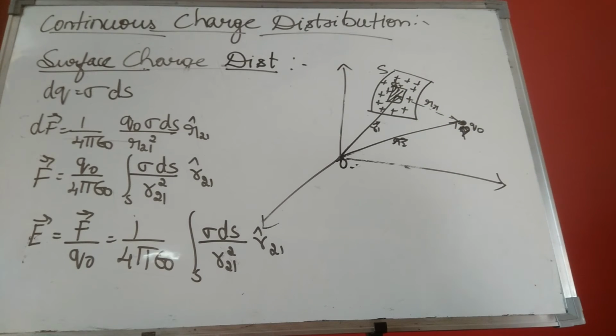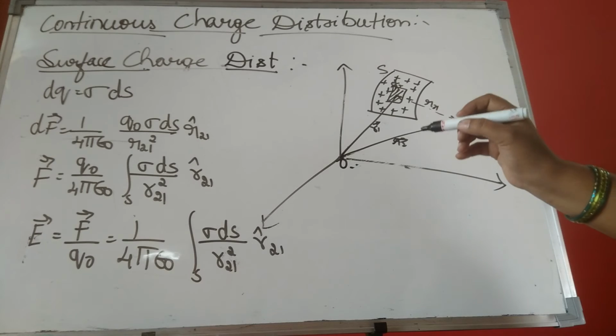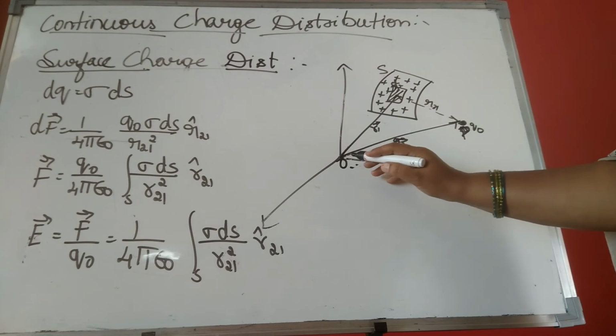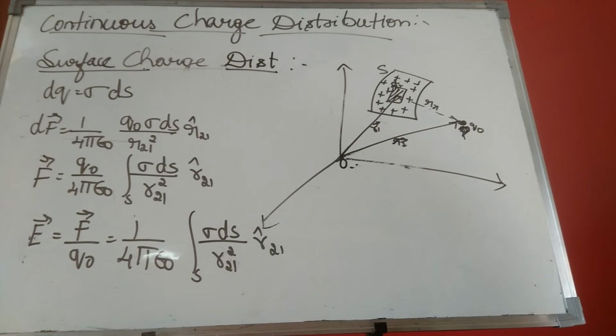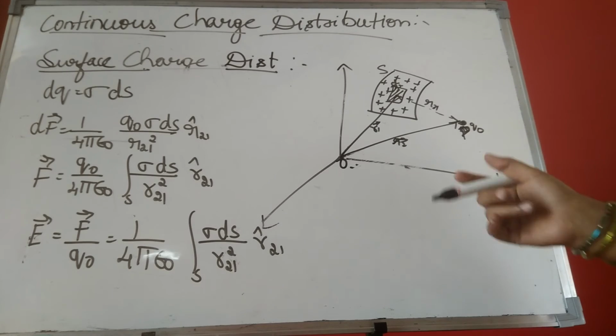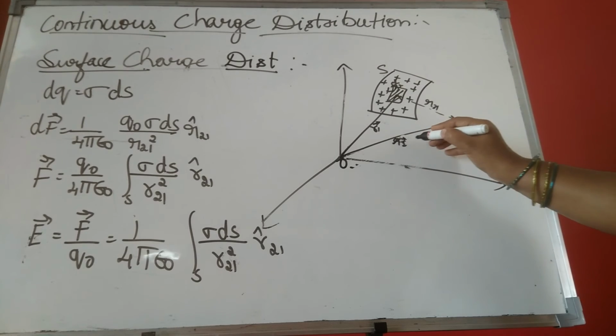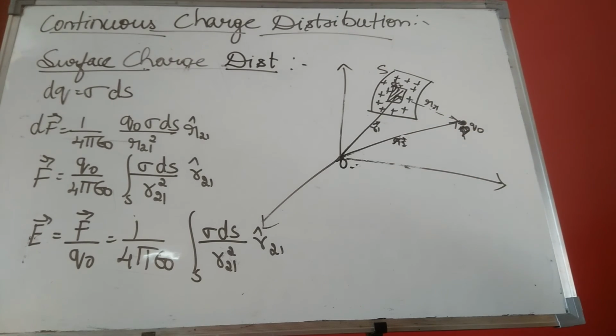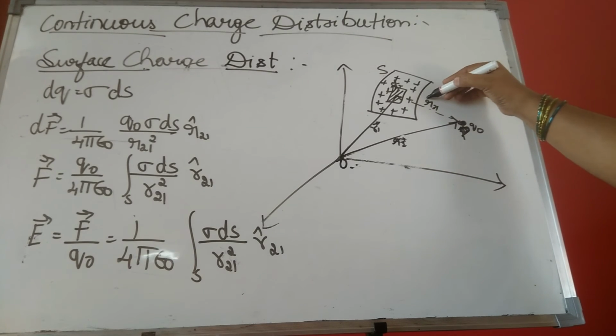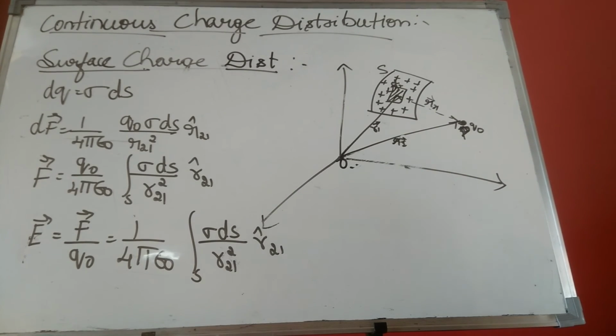Let r1 be the position vector from the origin to this infinitesimally small surface area dS, and r2 be the position vector from the origin to the point P where the electric field intensity has to be calculated, and r21 be the position vector between the surface area dS and the charge Q naught.